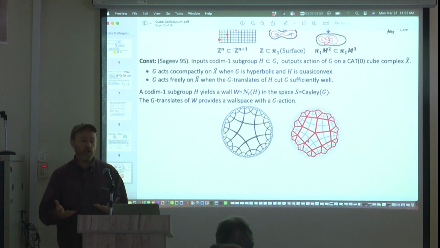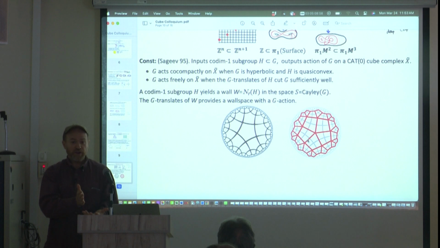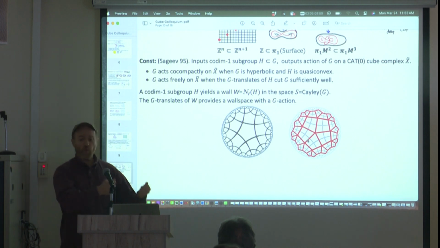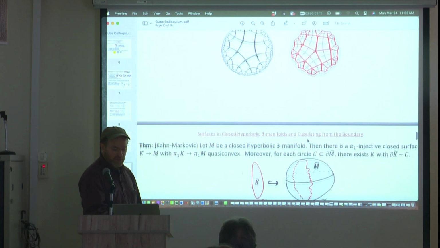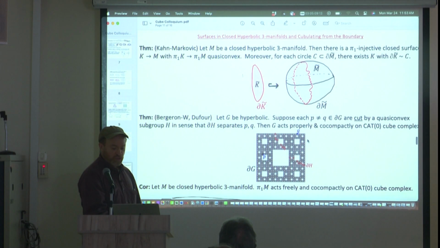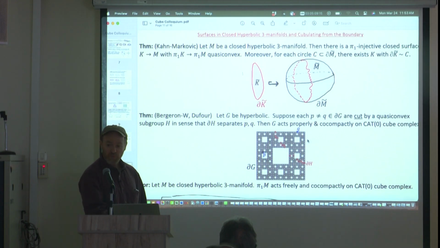You have a group, you find a codimension 1 subgroup if you're lucky enough. That gives you a wall space. The group now acts on the dual cube complex. Now we want to understand our groups, so we want them to be organized. We want them to be special, okay?